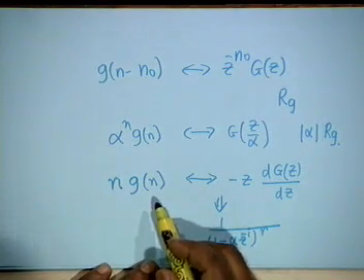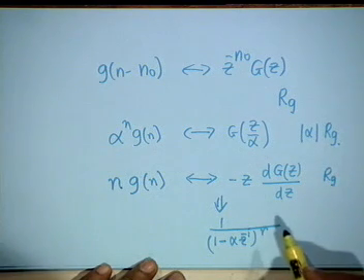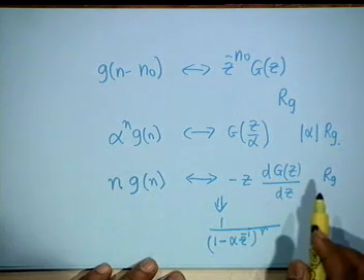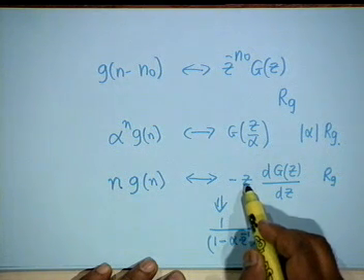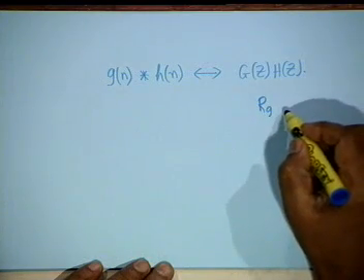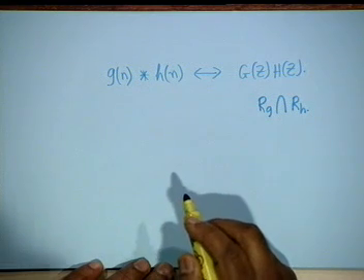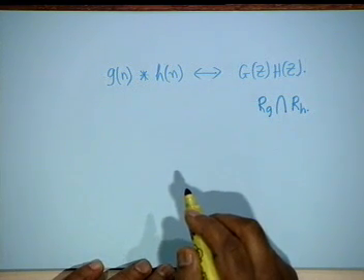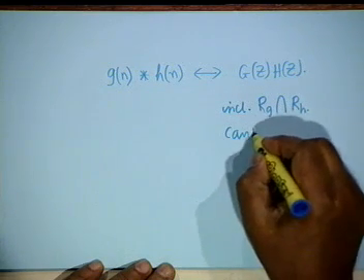Multiplication of a sequence by n, it would be the same as that of Rg with possible exception of Z equal to 0 or Z equal to infinity, because there is a multiplication by Z. On the other hand, in this case, the region of convergence would be Rg intersection Rh, but can be wider because there can be cancellation. So, it includes this, can be wider.